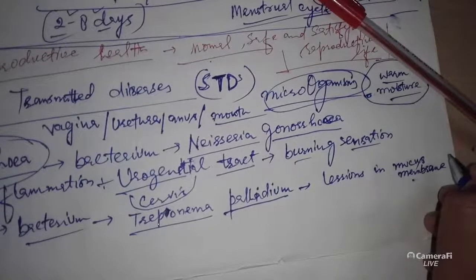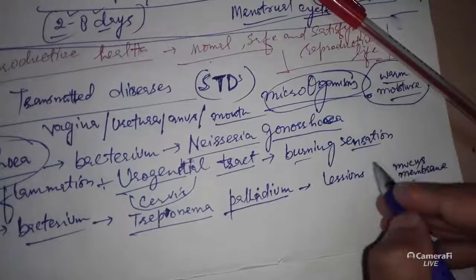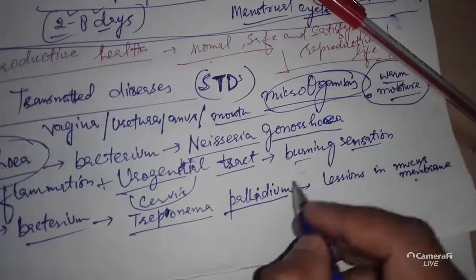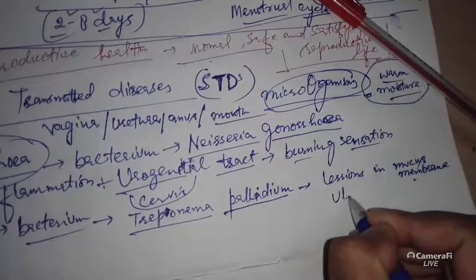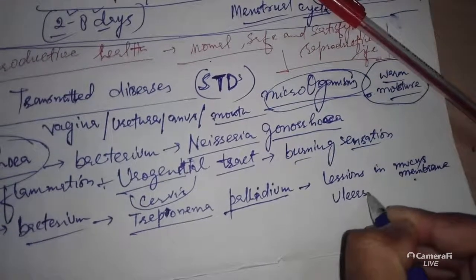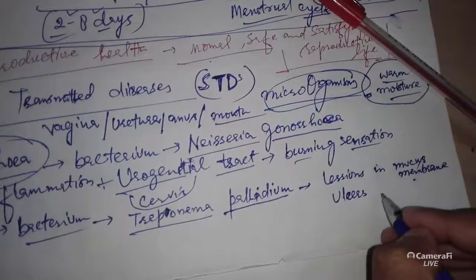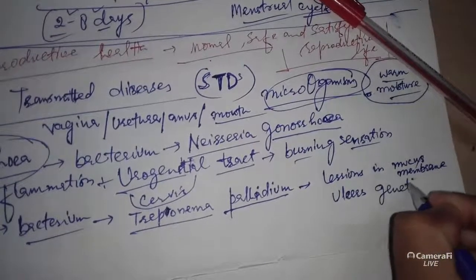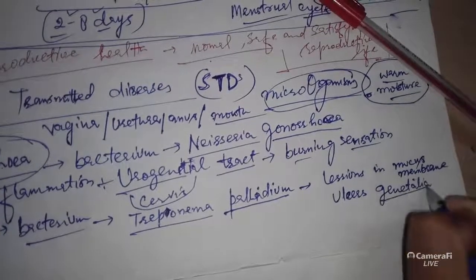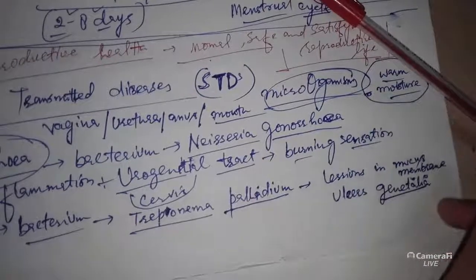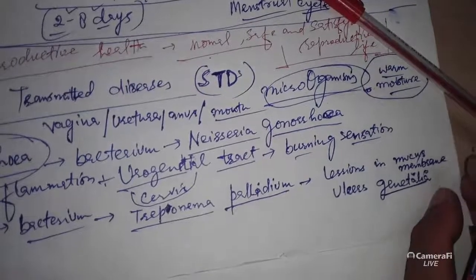So this is an infection that is associated with the urogenital tract, and there are some ulcers also. There are some ulcers in the genitalia. Genitalia means the private parts, male and female reproductive parts. So this is all about syphilis.